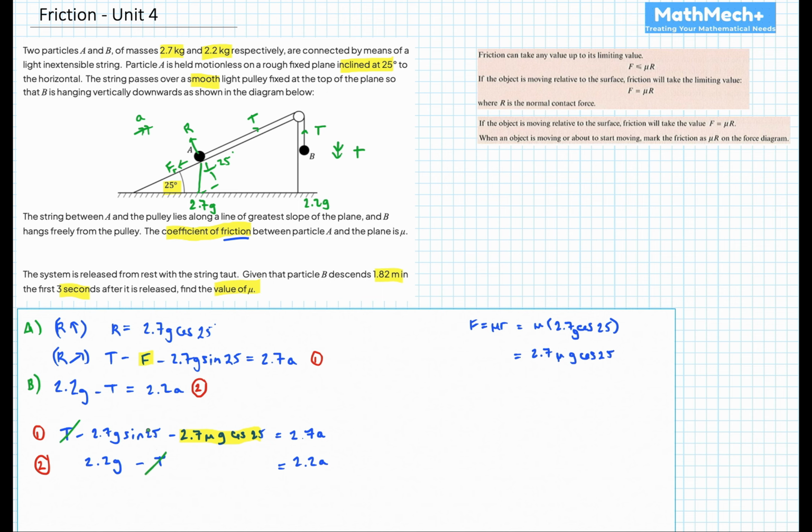So T minus T, they cancel out. And of course, if you have a quick think about your simultaneous equations rules, we had different signs, so we add them. Same sign, subtract. That's the way I remember that.